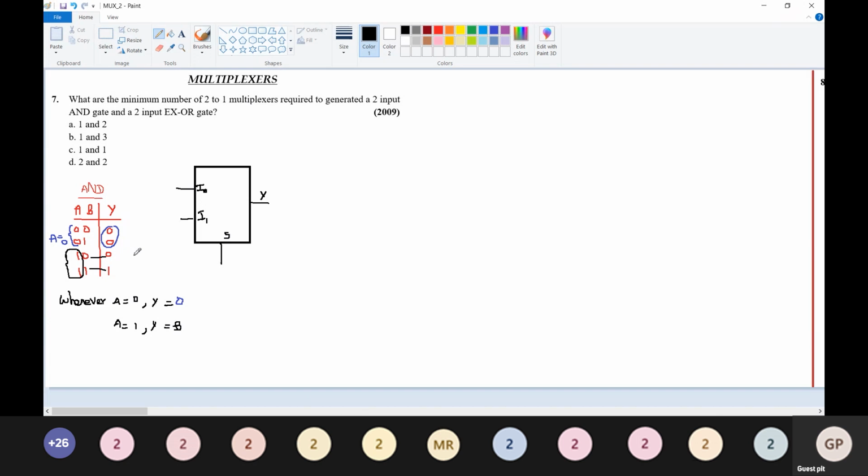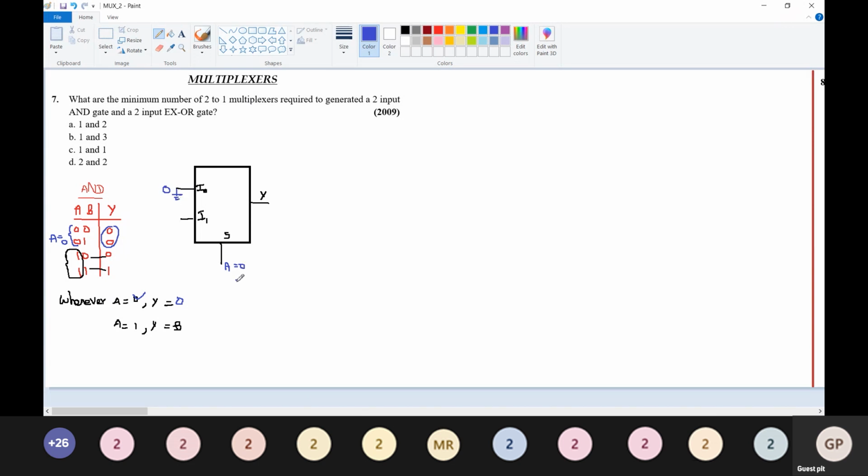Here, for the selection line, I have taken A. So when A is equal to 0, I naught is selected. What should the I naught condition be? When A equal to 0, I naught should be equal to 0.